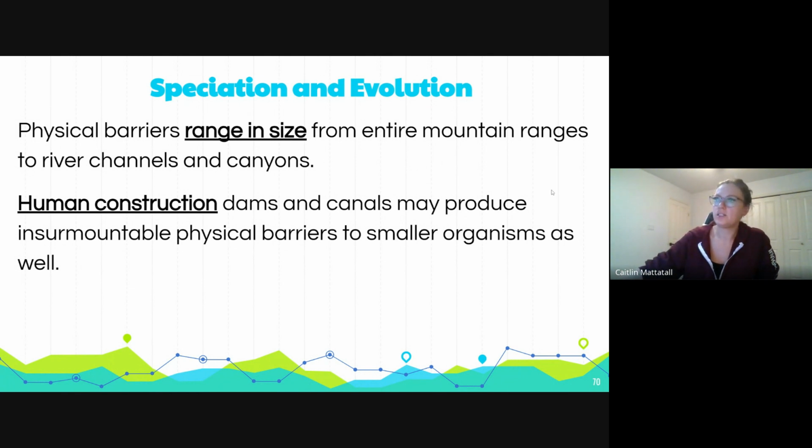And as I've mentioned already, these physical barriers that can happen to split these populations can range in size. Human construction can cause speciation to happen or start the process of speciation because we are making geographic barriers for some organisms, but that doesn't always happen.